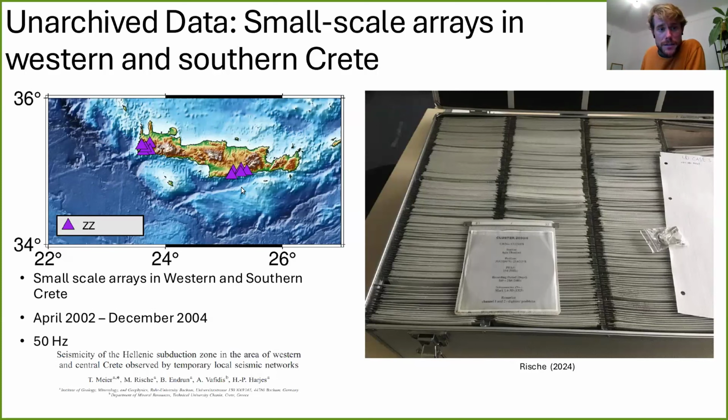There is another data set from a small-scale array here in the southern part, which can also be of interest. However, you can see on the right side, they are not on a server yet, but on these disks so far. We recently discovered them, and we want to make them publicly available also soonish.